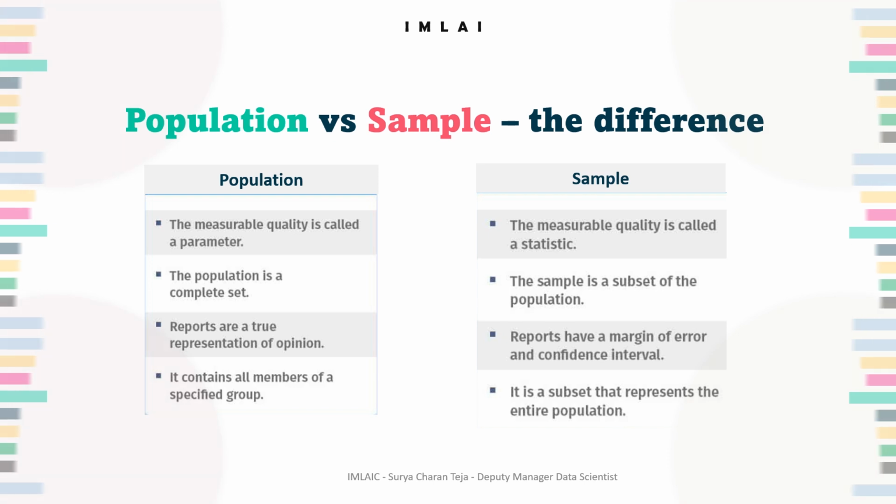That's the reason the reports will have a margin of error and confidence interval, and it's a subset that represents the entire population. The most important thing is that we take a sample in such a way that this subset represents the entire population. So these are the major differences between a population and a sample.